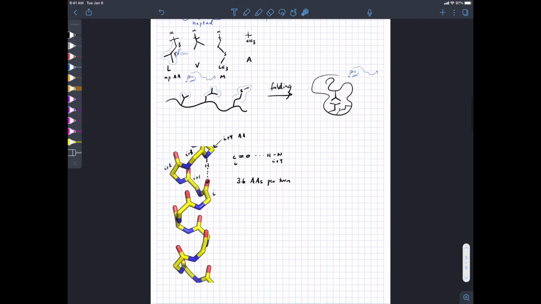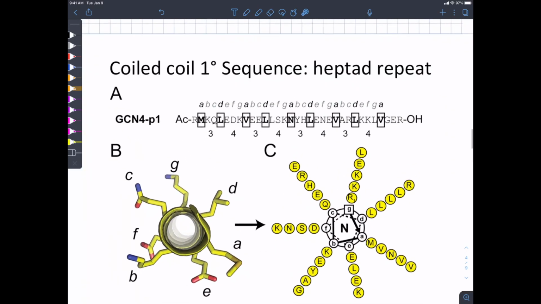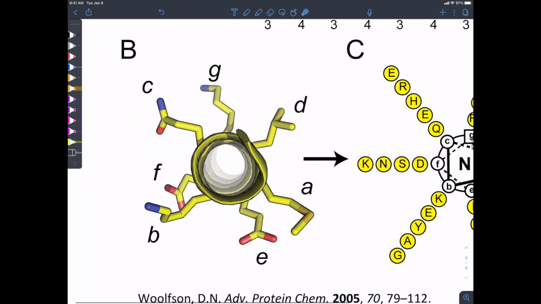And in fact, if we tighten that up to about 3.5 amino acids in a helix, then every 2 turns we've gone through a complete heptad. And what that's going to do for us is create a situation like this where the nonpolar residues at A and D are going to be on one side of the helix with polar residues on the other side. Now they're still exposed to solvent.